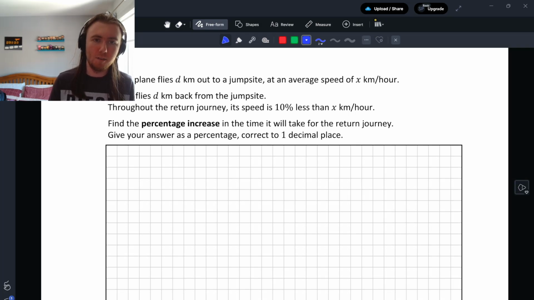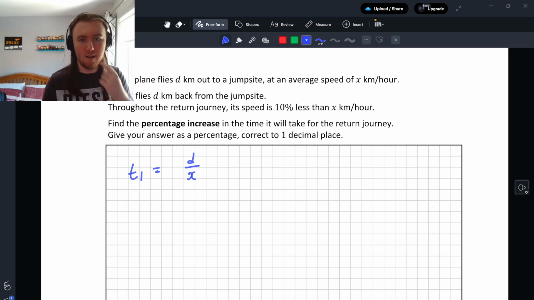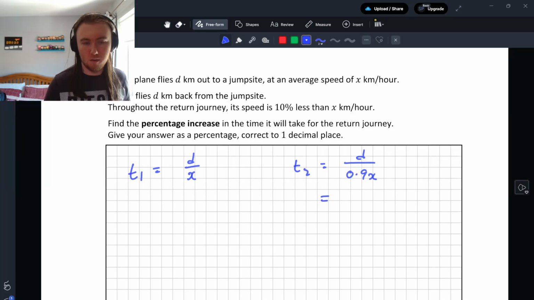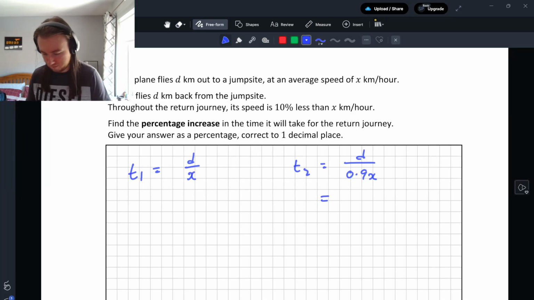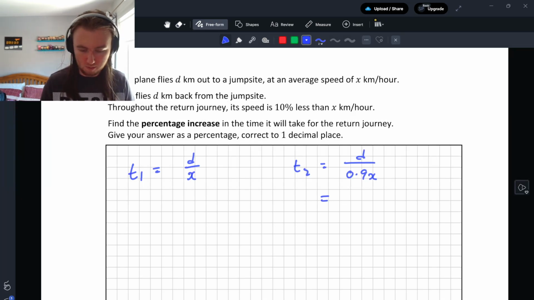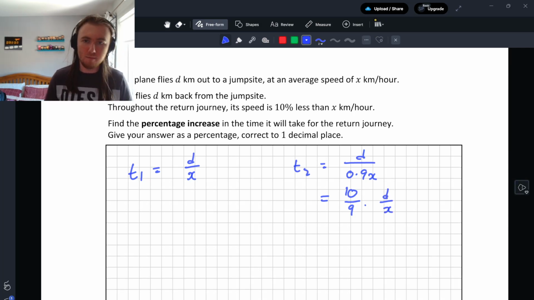So, airplane flies d kilometers out to a jump site, average speed of x. So, time 1 is just distance over speed. And time 2 is distance over speed, which is now 0.9x. Yeah, which is 10 over 9 times d over x. Now, percentage increase.